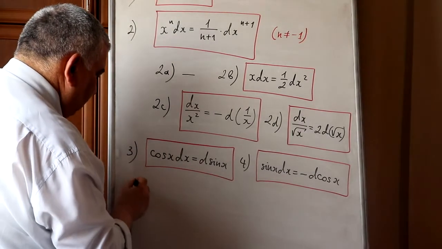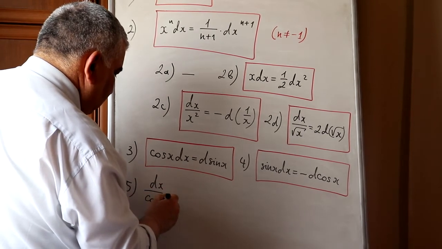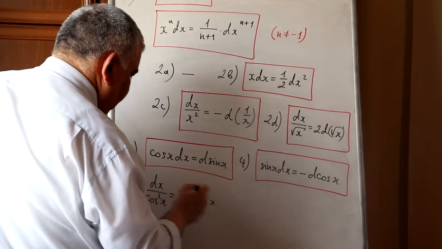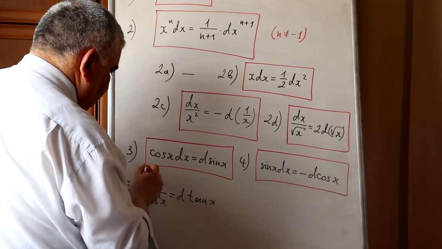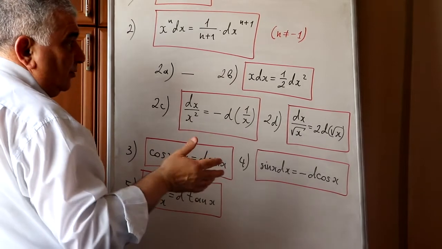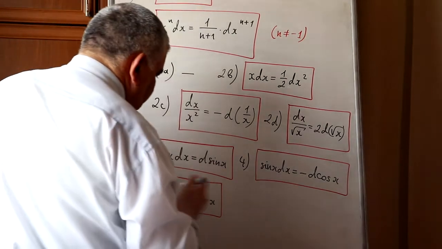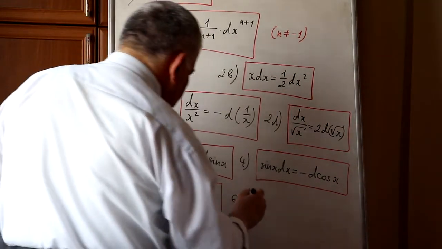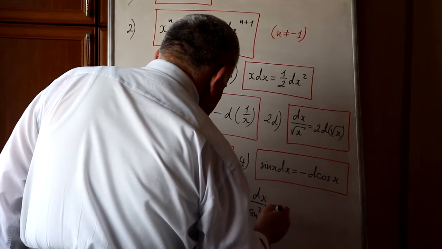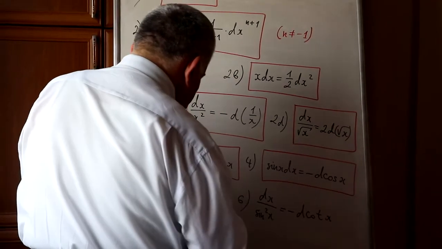Fifth formula, dx over cosine squared x is equal to d tangent x. This formula can be used in the indefinite integration by parts. Sixth formula, dx over sine squared x is equal to minus d cotangent x.